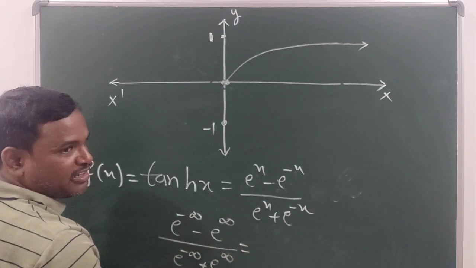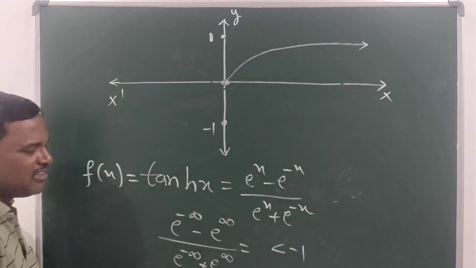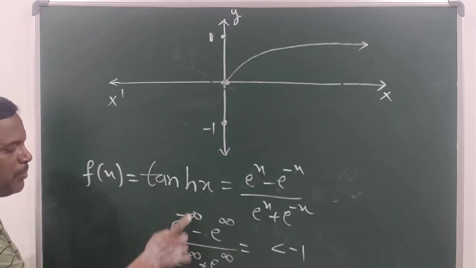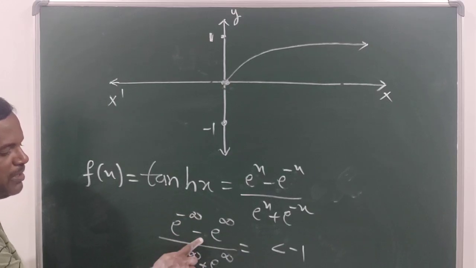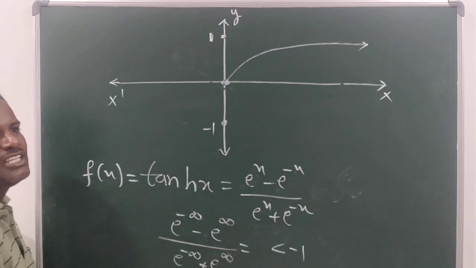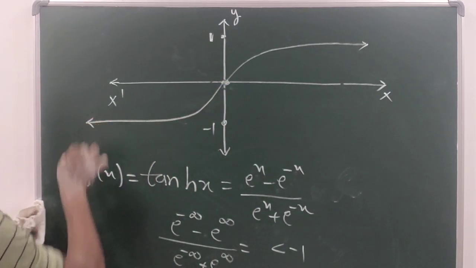So here what do you get? A value smaller than minus 1. Am I right? Smaller than minus 1, because this part approaches 0 and this part approaches 0 here. Minus by plus will be left, so this quantity is negative. How much is that? It means smaller than minus 1. So it goes like this.